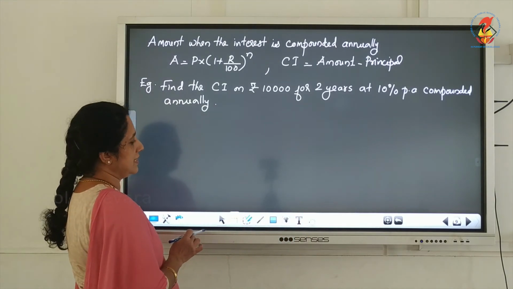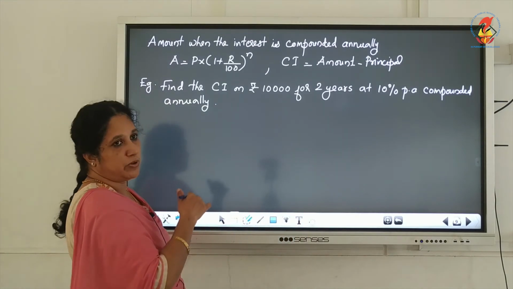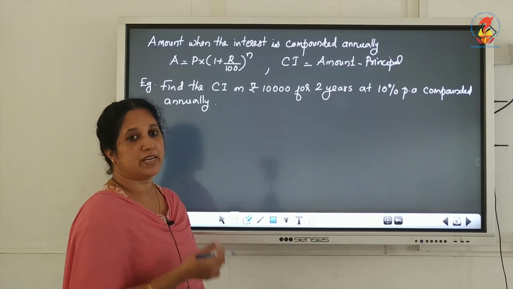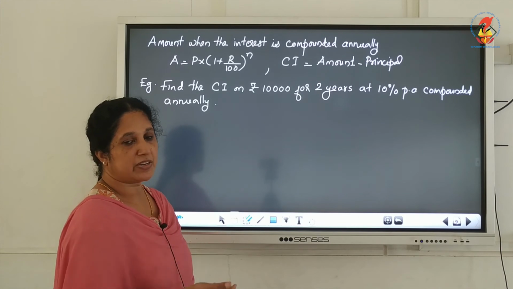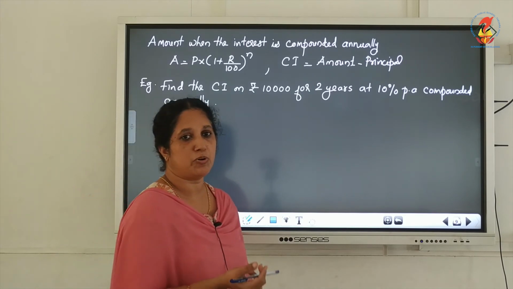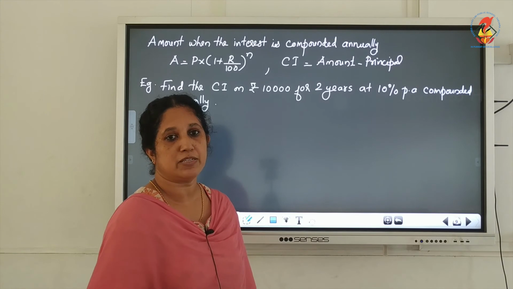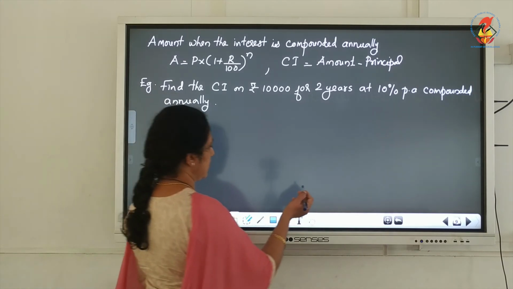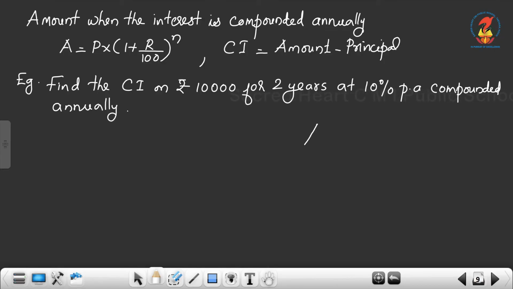So the formula is, if you want to find out the compound interest, when the interest is compounded annually, year wise, yearly, the formula is, first of all you have to find out the amount.